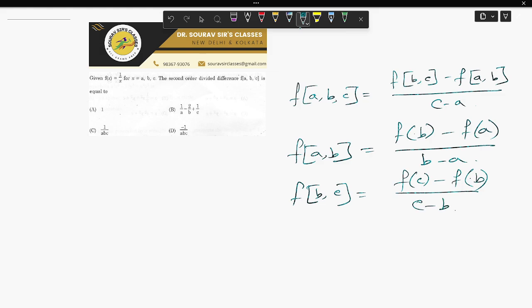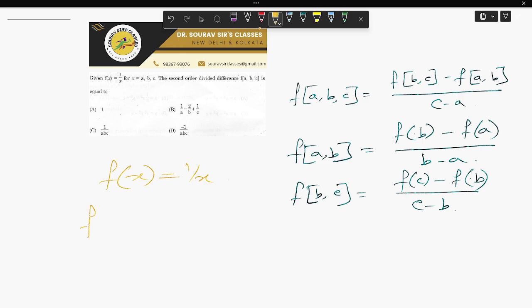Okay, so now what can be done here? The given f(x) is 1/x. That means f(x) is 1/x here. So we have to calculate f[a,b] first.